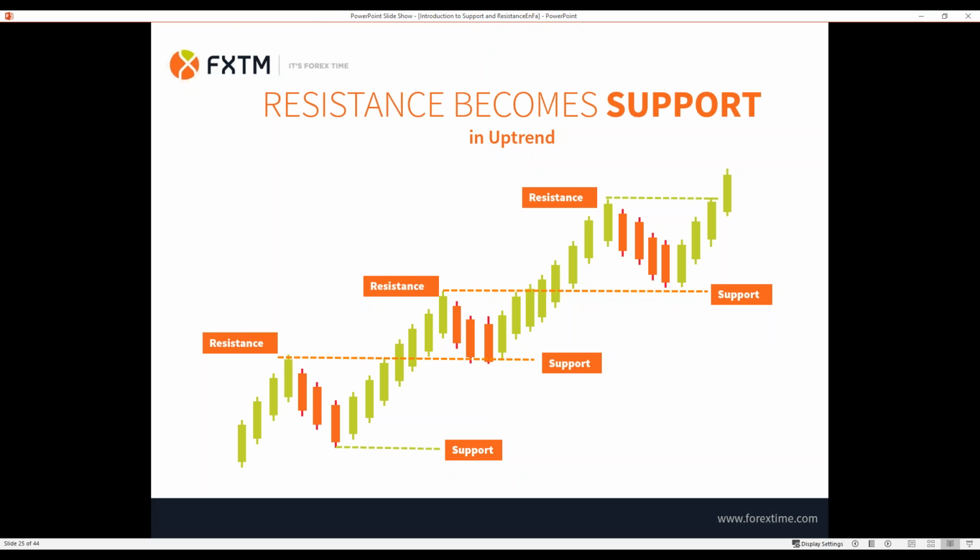Okay, so this is the question. How can you tell if there is high probability that the coming uptrend will break through the resistance level?